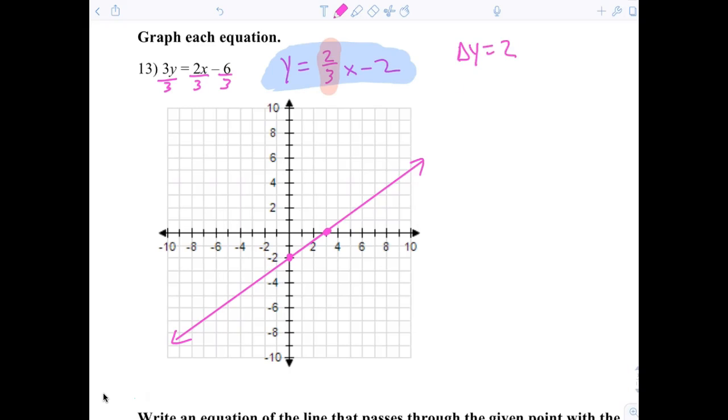Delta y equals 2, delta x equals 3. That's what we've been doing this whole time. Right? You're going up and down. You're going, in this case, up 2 and to the right 3 from the y-intercept.